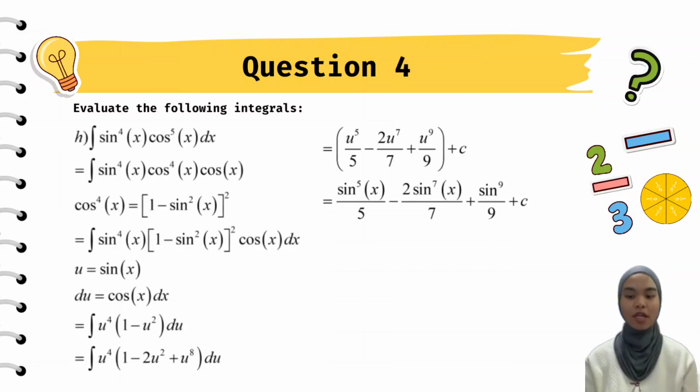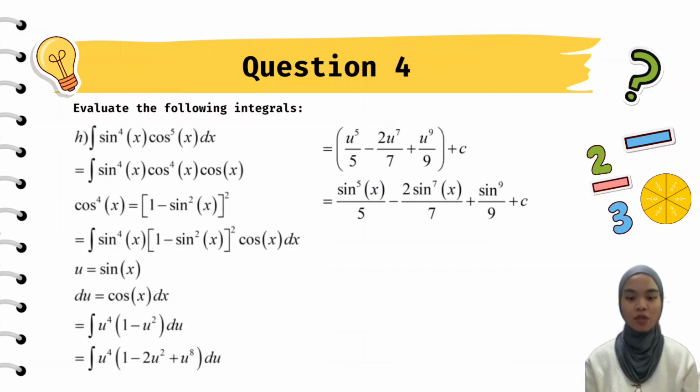And we can get integral of u^4 (1 - u^2)^2 du, and we expand (1 - u^2)^2. We can get u^5/5 - 2u^7/7 + u^9/9 + c.